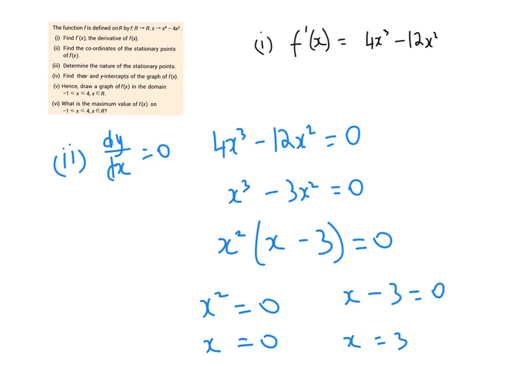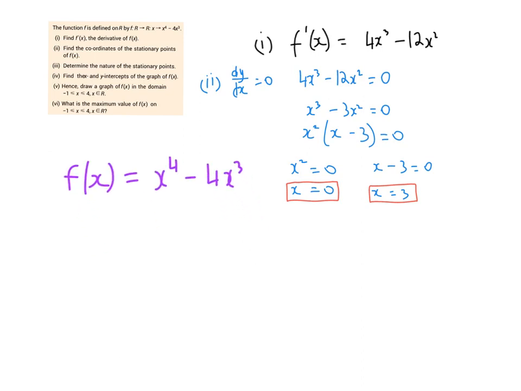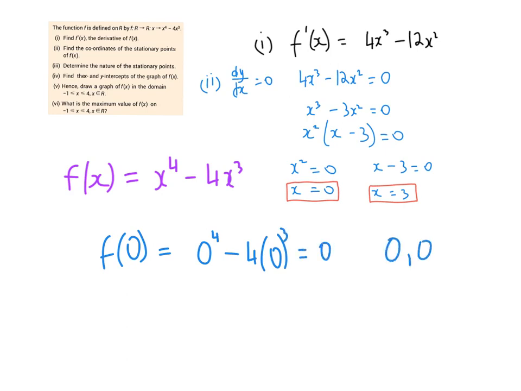So now we want to find the corresponding y values for each of those points. Okay, so here we go. We have f of x here. So well, f of 0 is simply going to be 0 to the power of 4 minus 4 times 0 cubed, which is going to be 0. So 0, 0 is a stationary point.